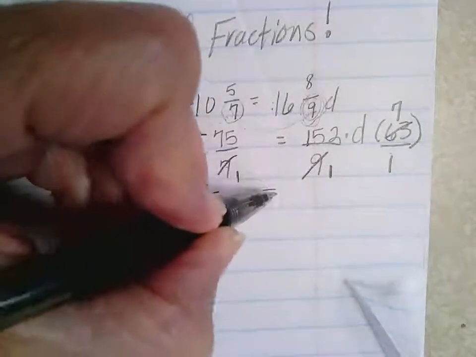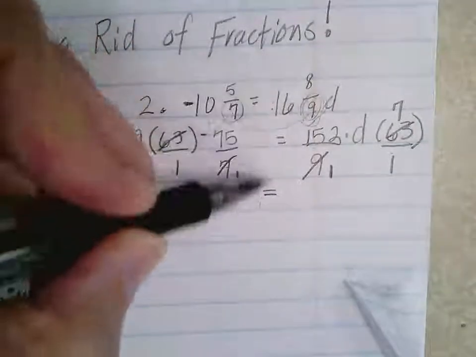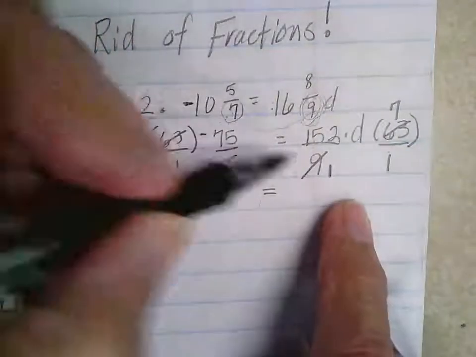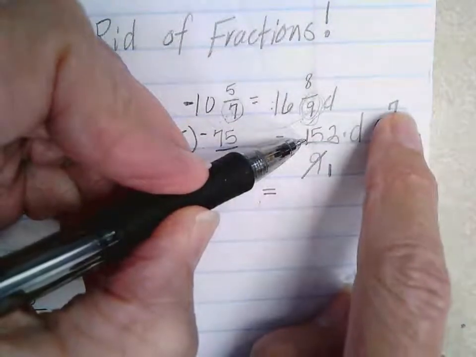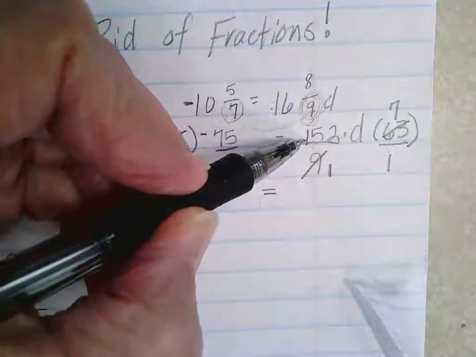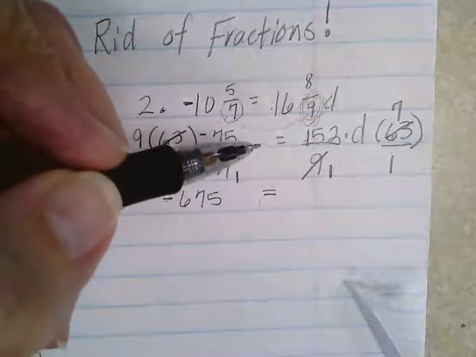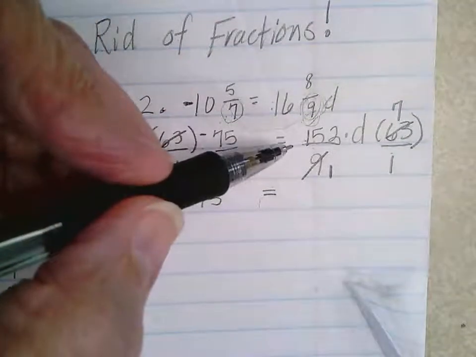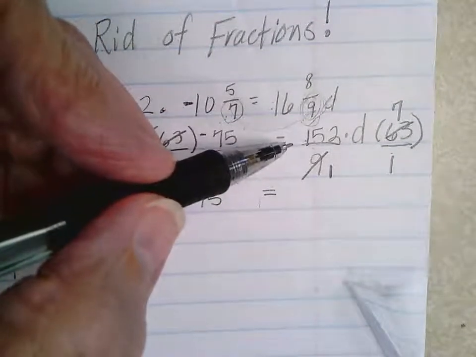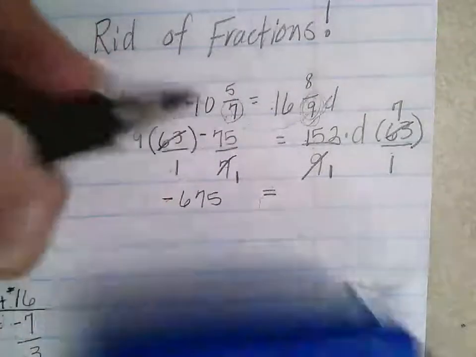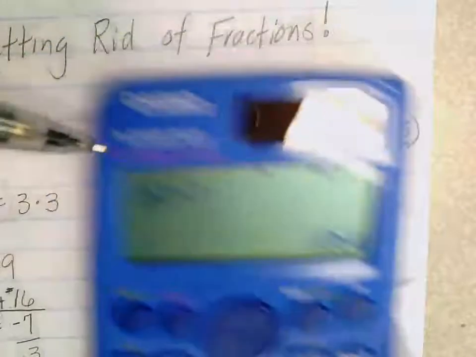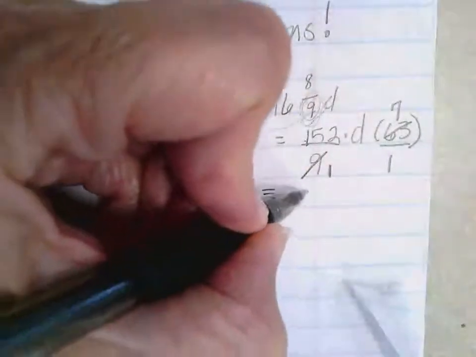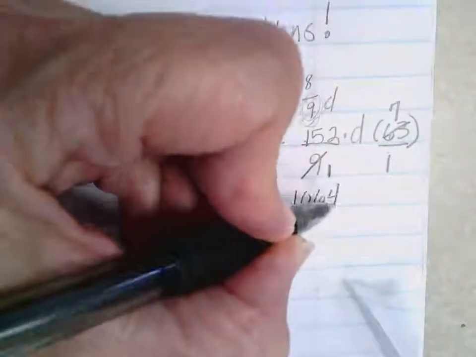I'm going to bring down my equal sign approximately where it was above, and then I'm going to multiply 152 times 7 times D. Remember, multiplication is commutative, so I can be doing that in any order I want to. And when I multiply 152 times 7, I get 1064. And now I'm going to multiply that by D.